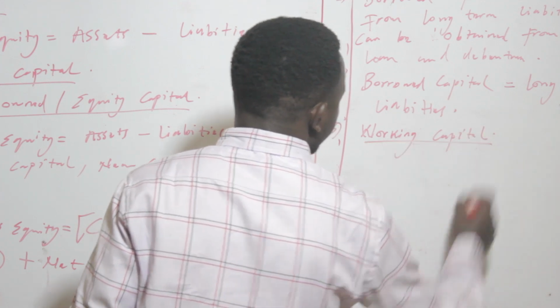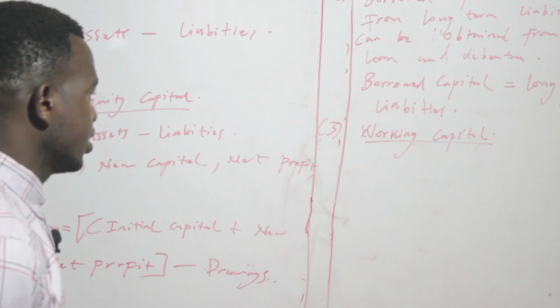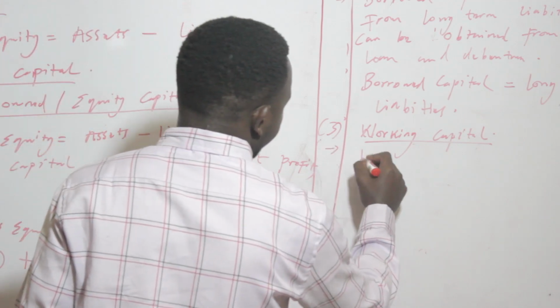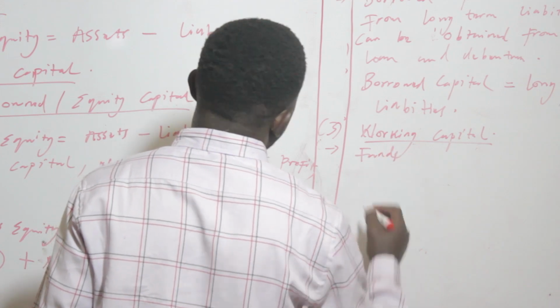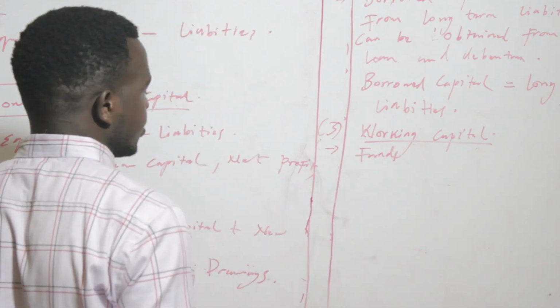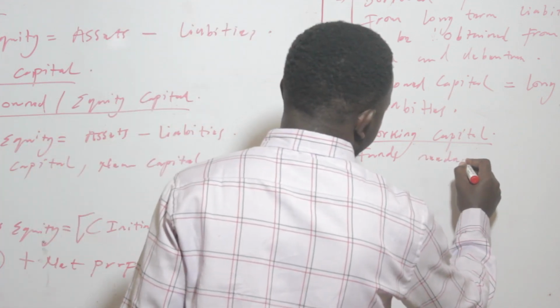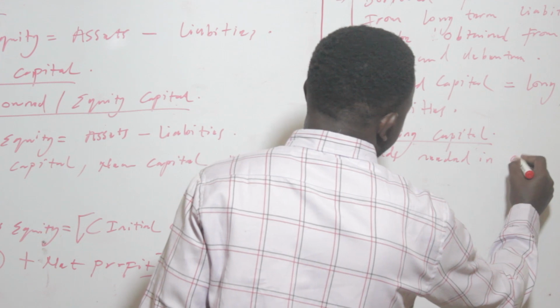So working capital, these are funds that are used in the day-to-day operation of the business. So we can say funds or amount of money that is needed for the day-to-day operation of the business.